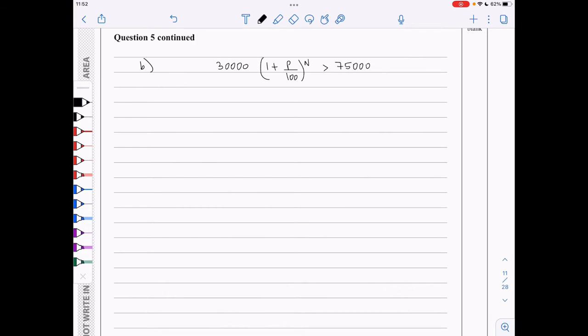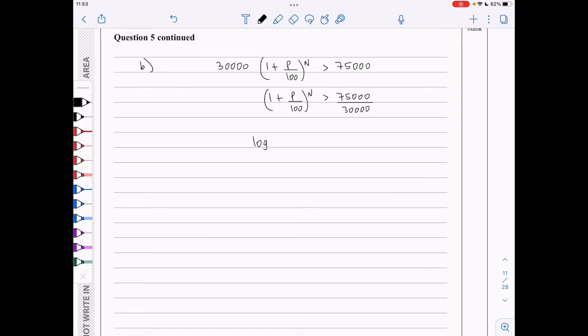So I will start by dividing by 30,000. 1 plus p over 100 to the power of n is greater than 75,000 over 30,000. So I'm gonna use the value for p stored on my calculator. I'm gonna take logs.